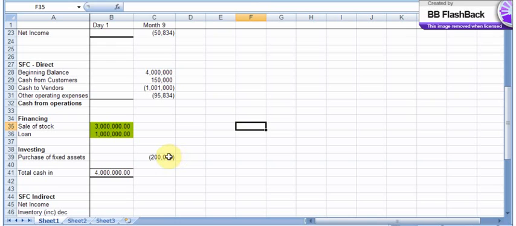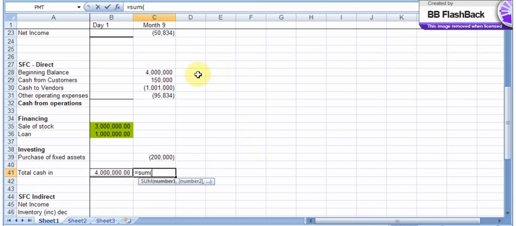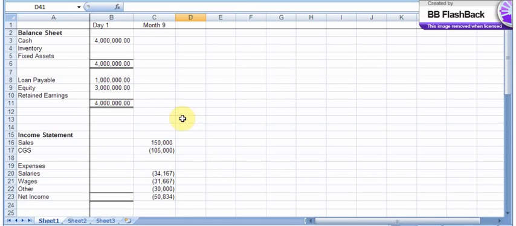Okay, so we bought $200,000 of fixed assets in the first month, and our total cash in will be the sum of these numbers. So if we go equal sum and then scroll down, we have this as our total cash at the end of month 9. You notice that cash has decreased because of these uses. So now we finish with our cash flow statement, and now we go to our balance sheet.